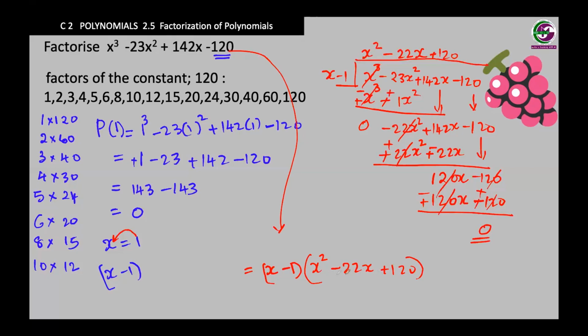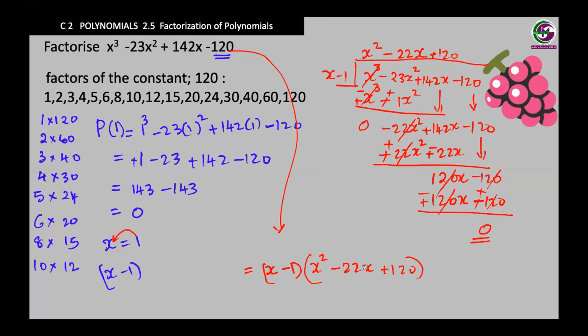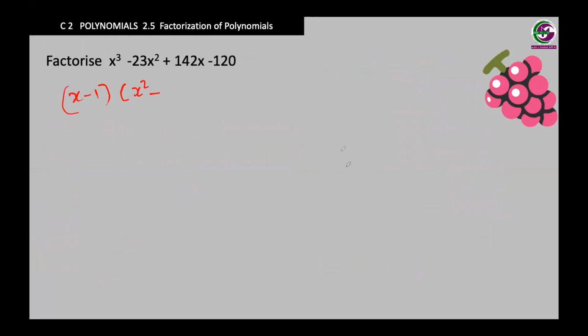So we can split this by the first method or the second method as in the first example. So let us take x minus 1, times x squared minus 22x plus 120, and separate the middle term.